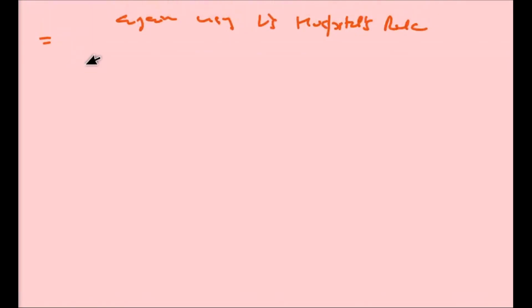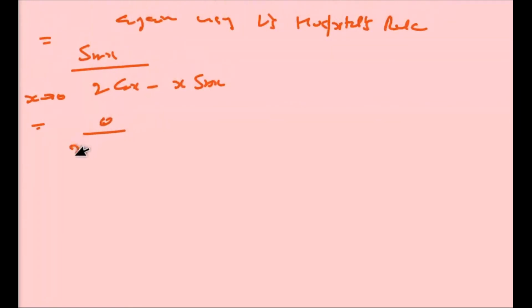What we got is sin x upon (2 cos x minus x sin x), x tends towards 0. Now if we put here, we can take cos 0 as 1, 0 upon 2 minus 0. So 2 minus 0, the result is equal to 0. So this is your required solution.